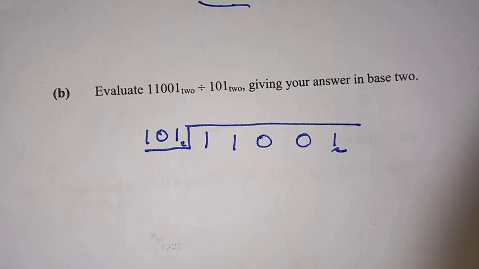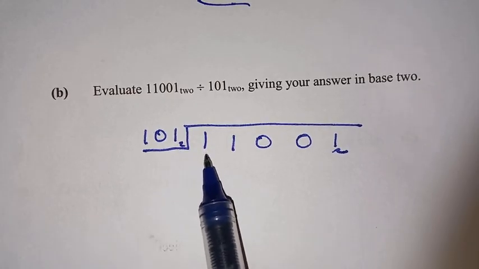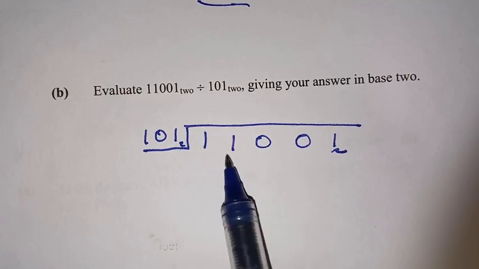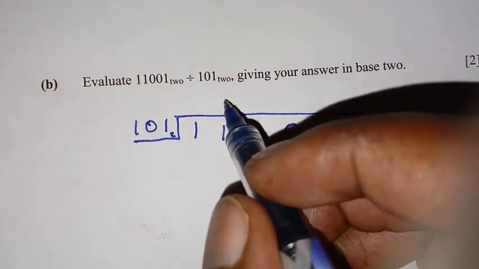They're just 2 digits there. So in the case of this number here, 101, we know that it can't go into 11, but it can go into 110. As long as we say, can it go into this number, and we say yes, how many times, it will always be 1.